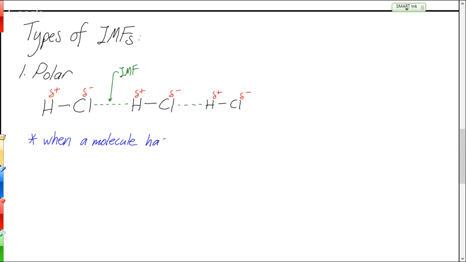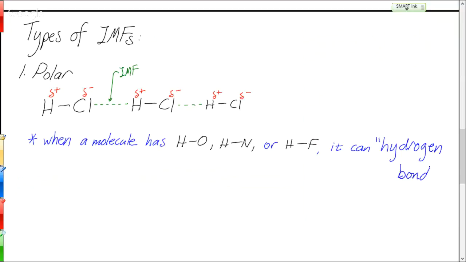When a molecule has hydrogen connected to oxygen, connected to nitrogen, or connected to fluorine, we say that it can, and this is a terrible, terrible phrase, we say that it can hydrogen bond, or it has hydrogen bonding.